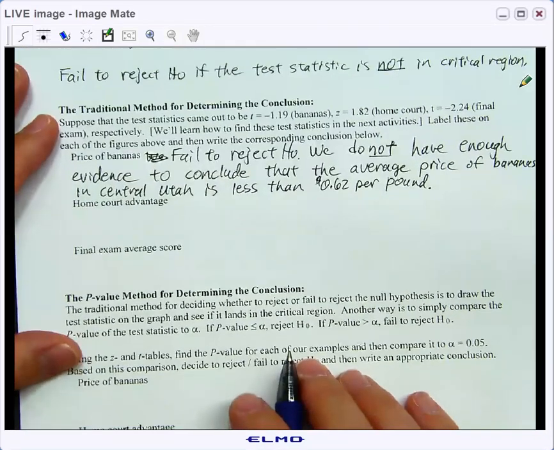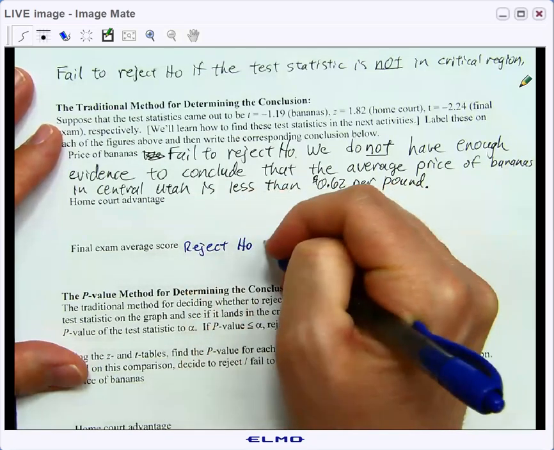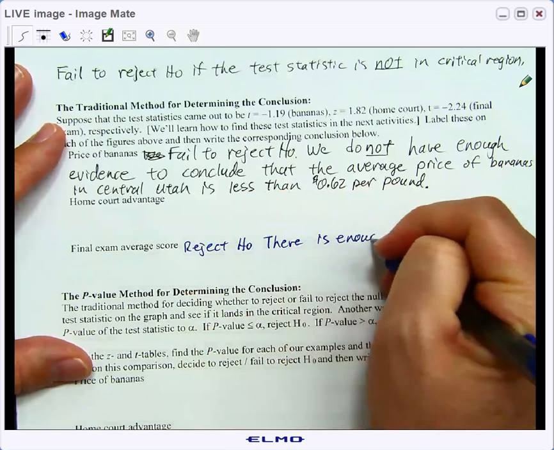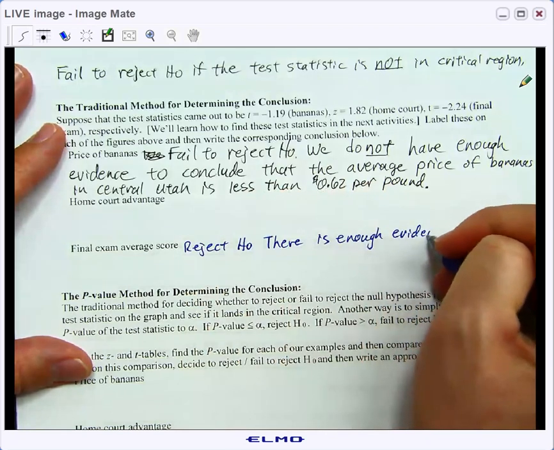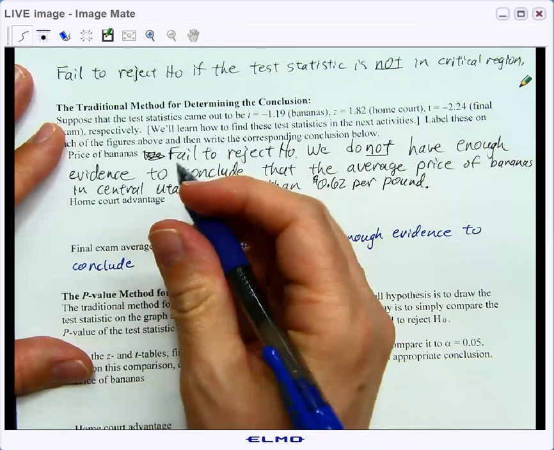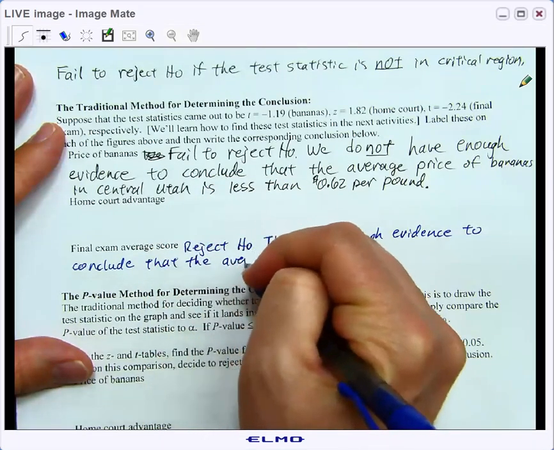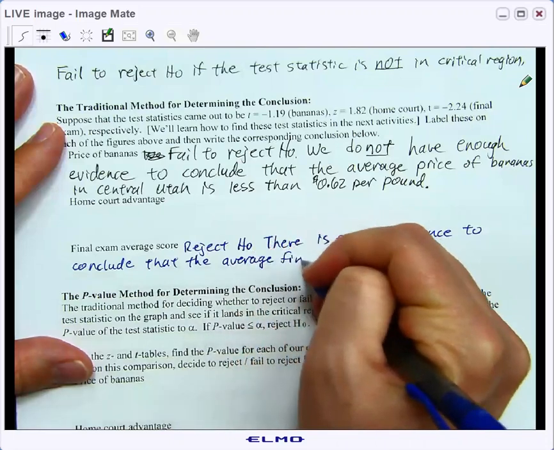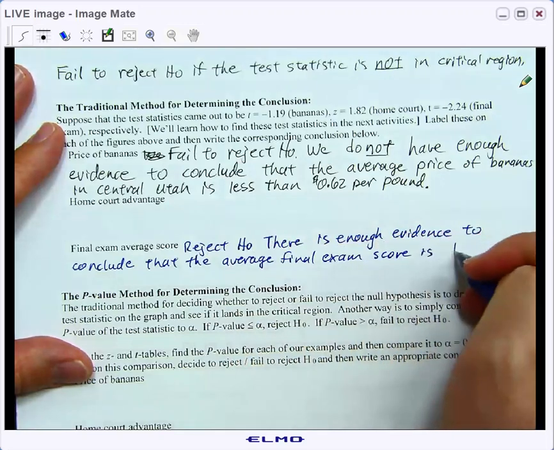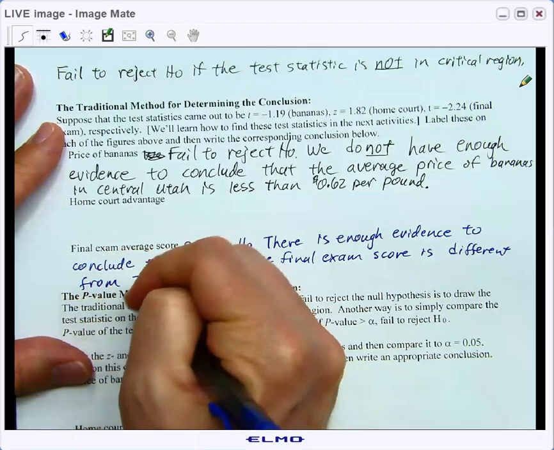So for our final exam score problem, you're going to reject H naught. This means there is enough evidence to conclude the guilty verdict, which was that the average final exam score is different from 70.